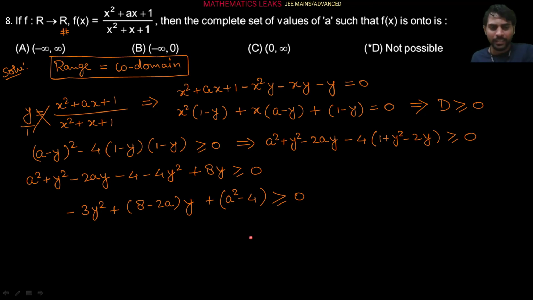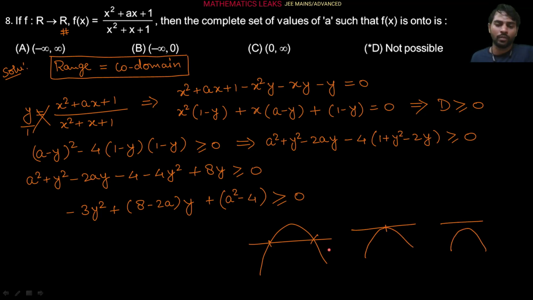The possible scenarios for a downward opening parabola are: real distinct roots, or real equal roots, or no real roots. In these cases, the expression is either negative or positive. In the case of equal roots, the expression is always negative or equal to 0. And in the no-real-roots case, the graph is always below the x-axis, which means always negative.